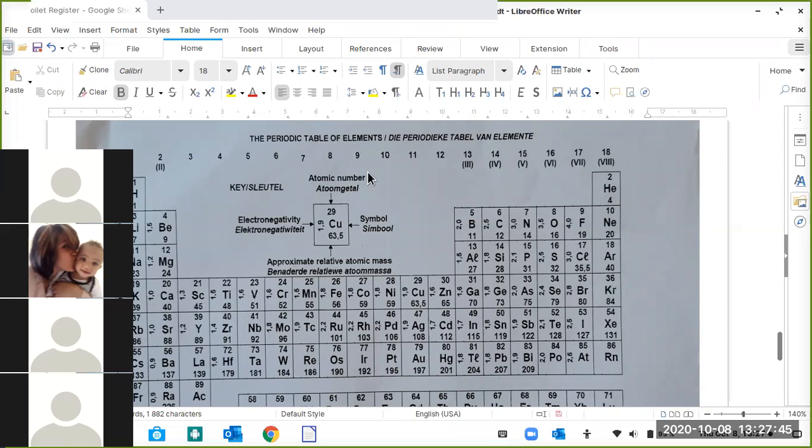There are 2. Why are you saying there are 2 electrons in the last shell? Because it is in group what? 2. So the number of electrons in the last electron shell is 2 because it is in group 2. I think that one is clear, right?